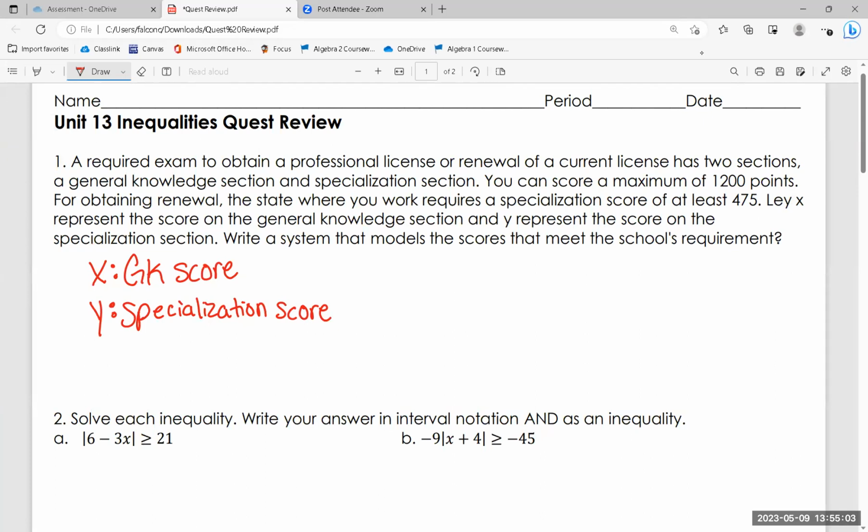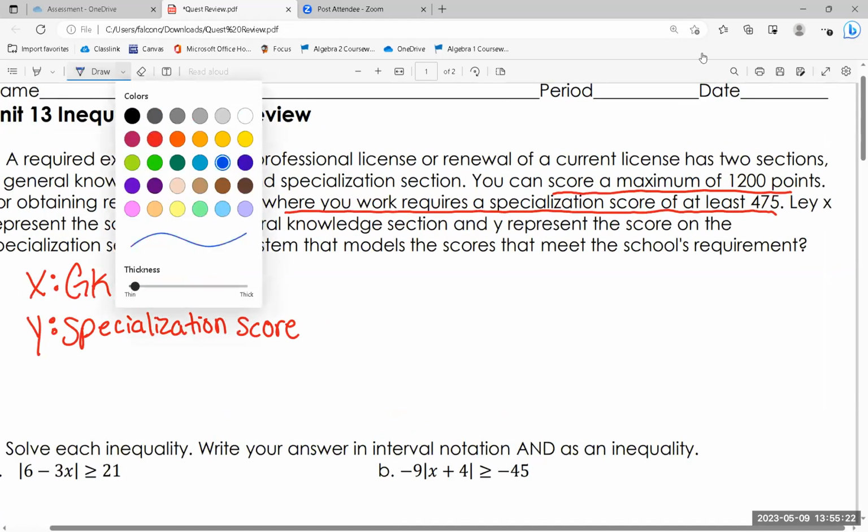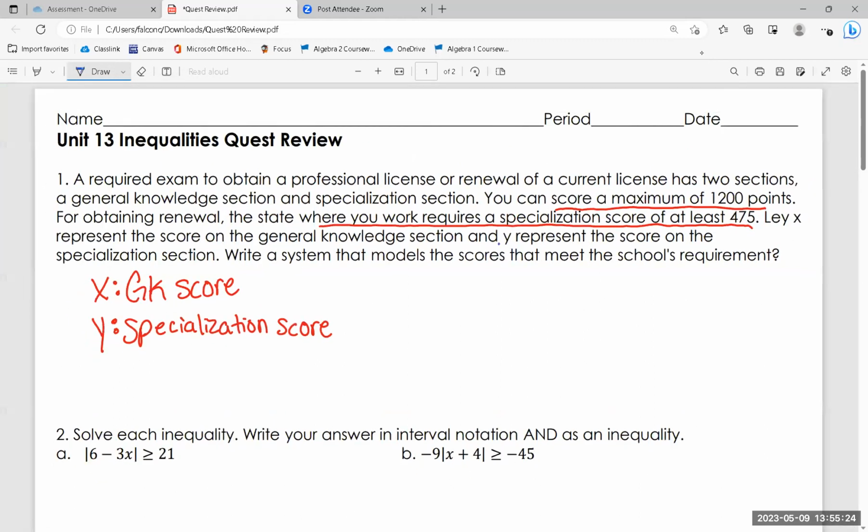So let's see, they give us a few things. They say you can score a maximum of 1,200 points, and they also say the state where you work requires a specialization score of at least 475. So I'm going to use that part first. For the Y, the specialization score, Y has to be at least 475.